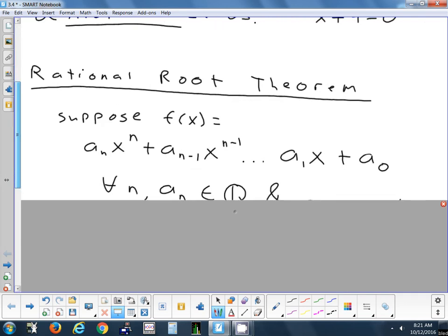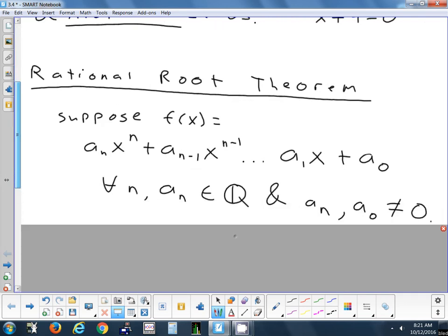And there's a couple things I have to mention about it. So this part basically says, anybody remember what that upside down A means? Yeah, for all. So for every value of n, meaning the first one, the second one, the third one, the fourth one, all the different values of n you could have, a sub n, that's the coefficients.